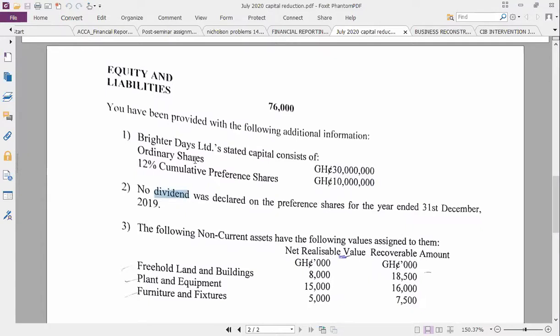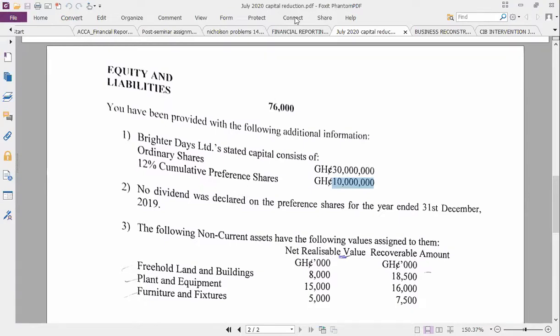So let's calculate 12% on 10,000, just for 1 year. That would be the preferred dividend in arrears, if possible.